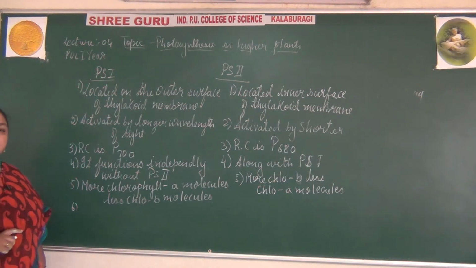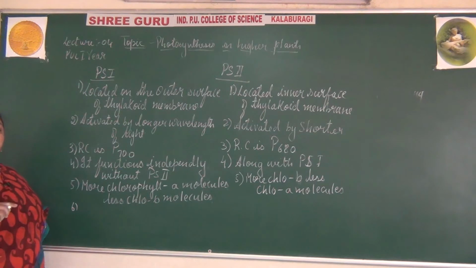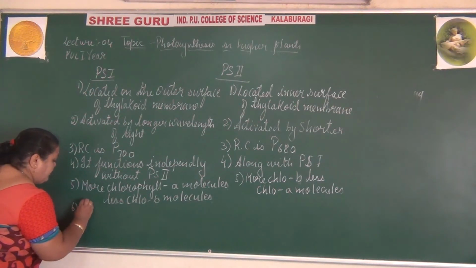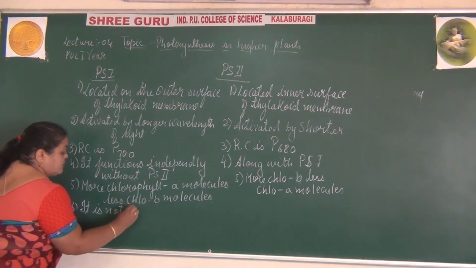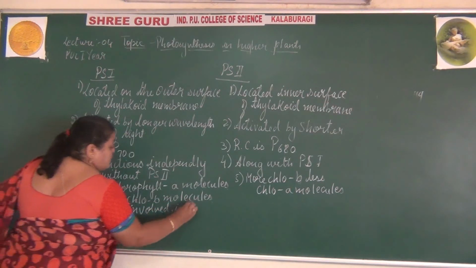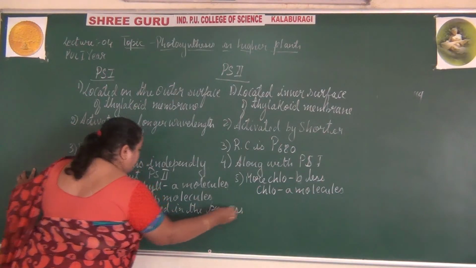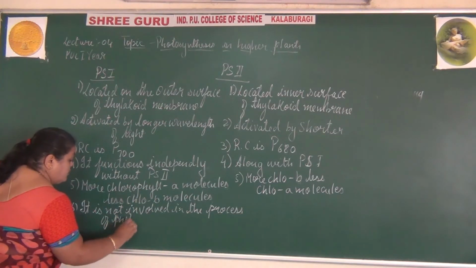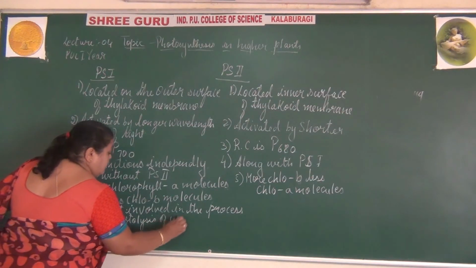But photosystem 1 is not involved in the process of photolysis of water.